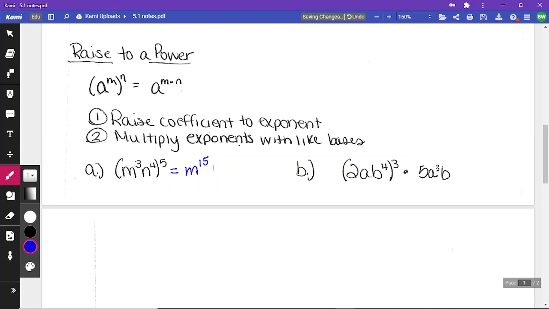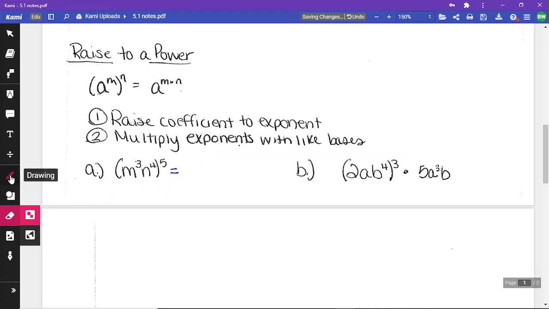Okay, and then when we look at n, we have n to the fourth, but that's raised to the fifth power, so that's n to the 4 times 5, so that's 20. Okay, so that's multiplying. And in this case, it would probably help to write the intermediate step.